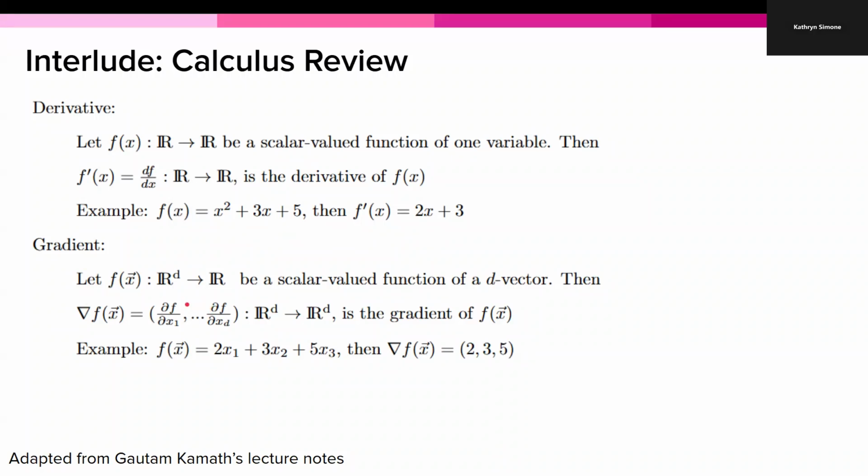We call the partial derivative, denoted by these delta symbols, the derivative of the function with respect to one variable. Taking the gradient of such a function means to compute a vector where each element is the partial derivative with respect to one of the variables. So for example, if the function was a linear combination of variables, 2x1 plus 3x2 plus 5x3, then the gradient of the function would be 2, 3, 5.